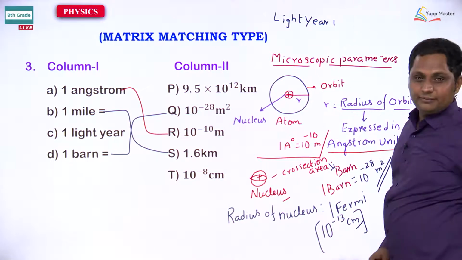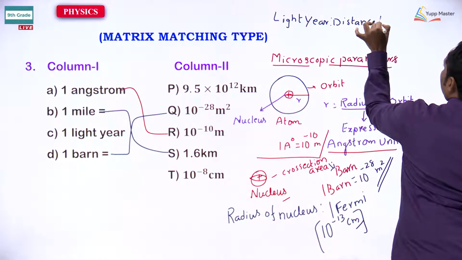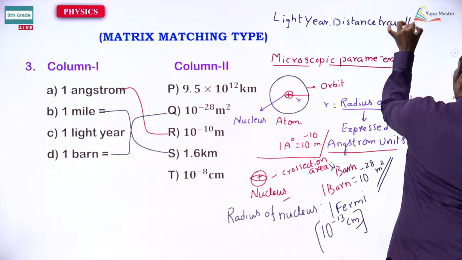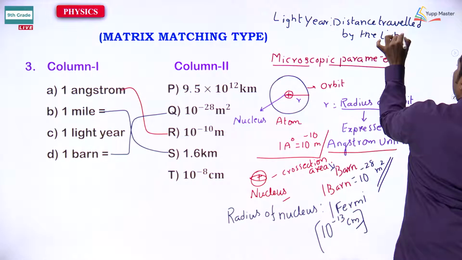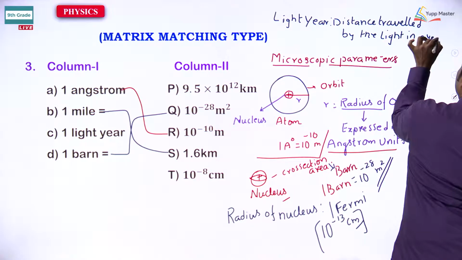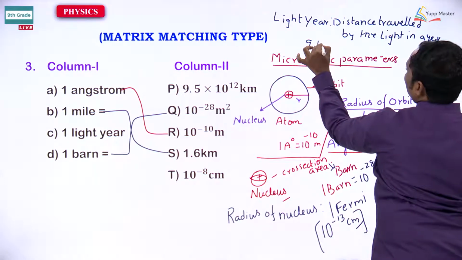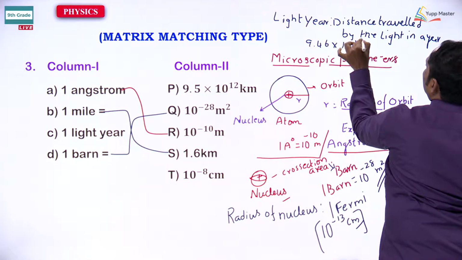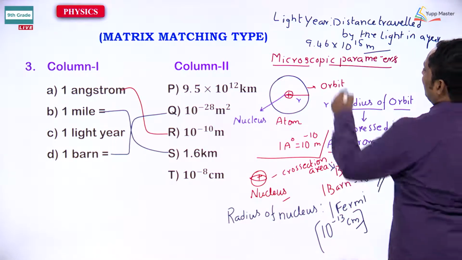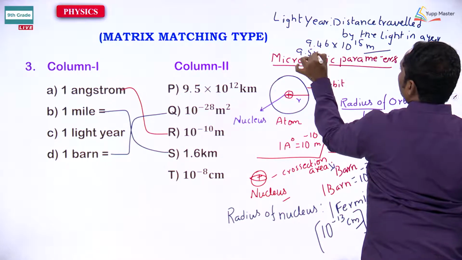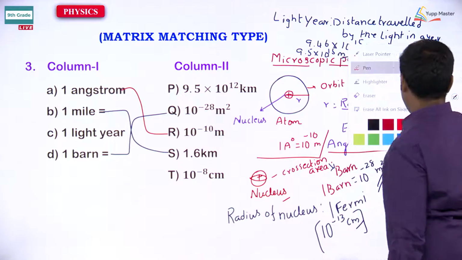So, the distance travelled by the light, we are going to take that, that is 9.46 into 10 to the power of 15 meter. It has been approximated as 9.5 into 10 power 15 meter.